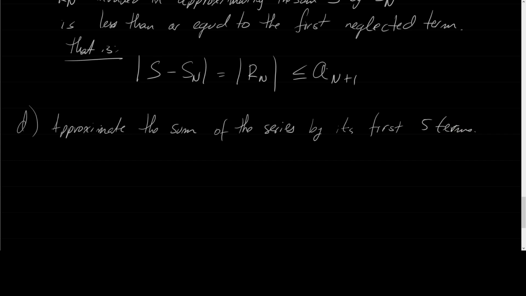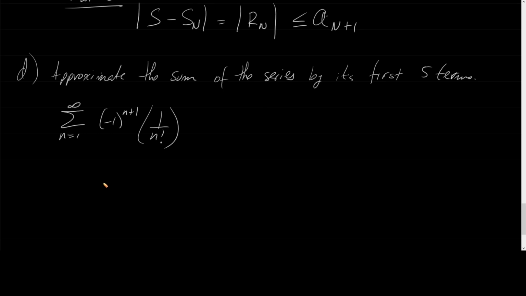All right, so what series am I talking about? I'm talking about the series from n equals 1 to infinity of negative 1 to the n plus 1 times 1 over n factorial. Now, this is clearly an alternating series, because we have negative 1 to n plus 1. Now, is this a convergent alternating series?